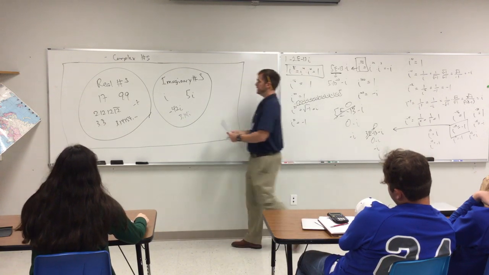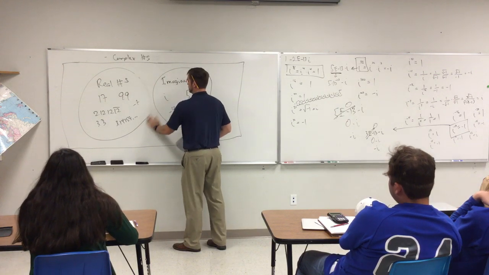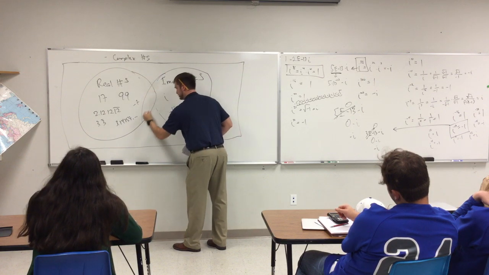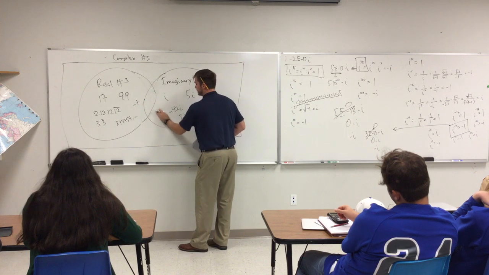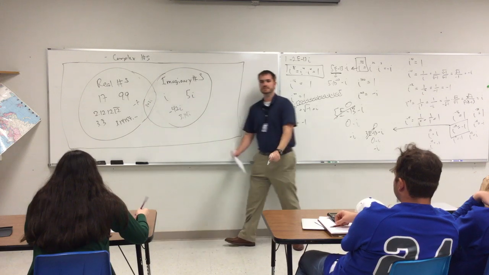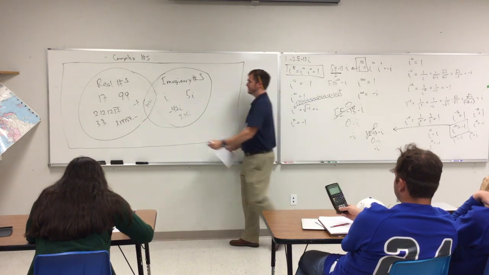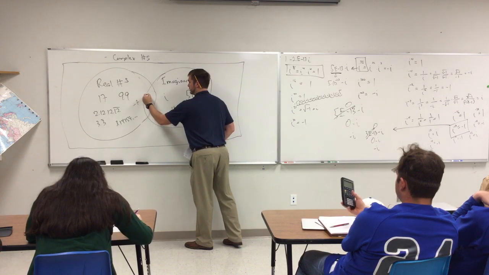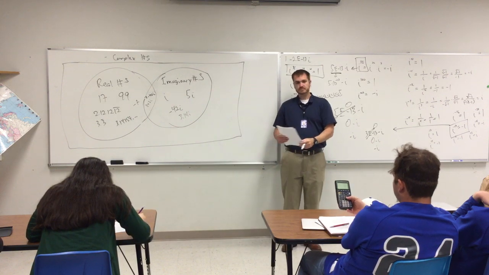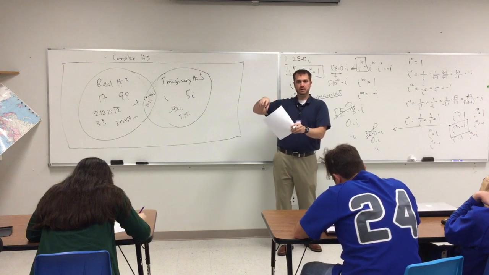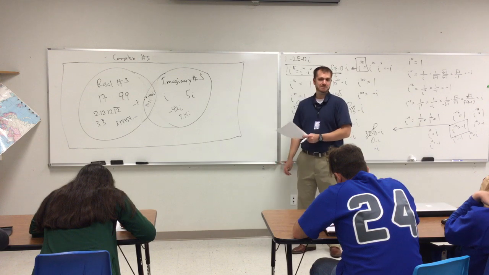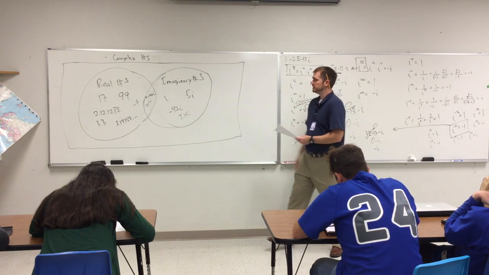For example, 3 plus 2i, 7 minus 40i. Numbers that have both a real part and an imaginary part, and so we call those complex numbers.